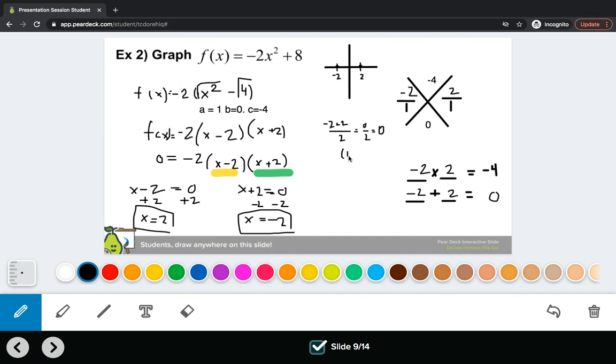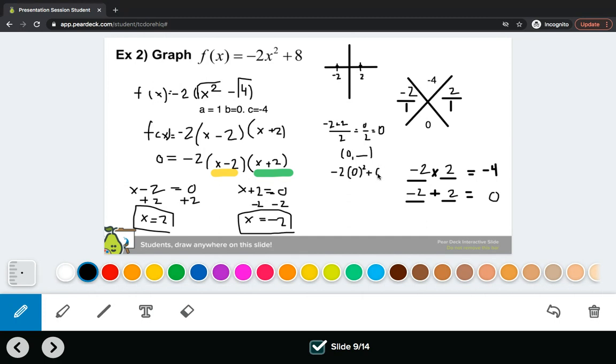Okay, so now I know that my x value for my vertex is 0. So now I know I have 0, comma, something else. I need to find out what that y value is. So in order to solve for y, I'm just going to go ahead and plug 0 back into my original equation. So it's now going to be -2 times 0 squared plus 8.